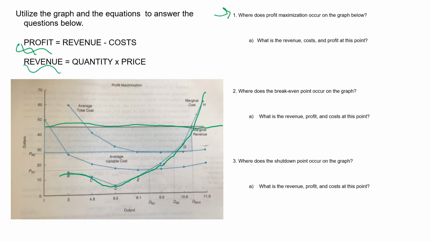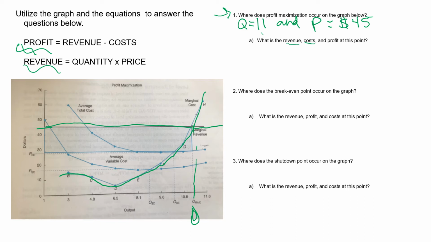So what we'd be looking for there is it occurs at output or quantity Q equals 11 and price equals $45. So when we're asking where it occurs, we're looking at what price and quantity that occurs at.